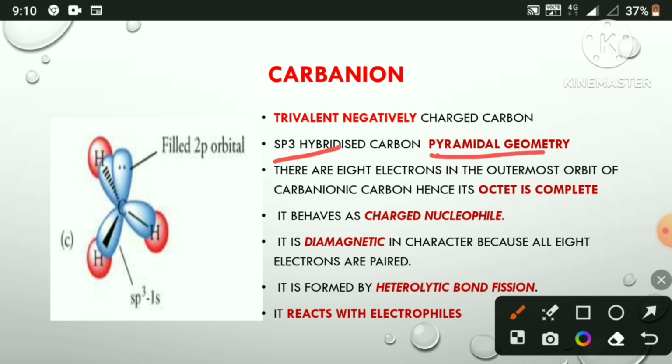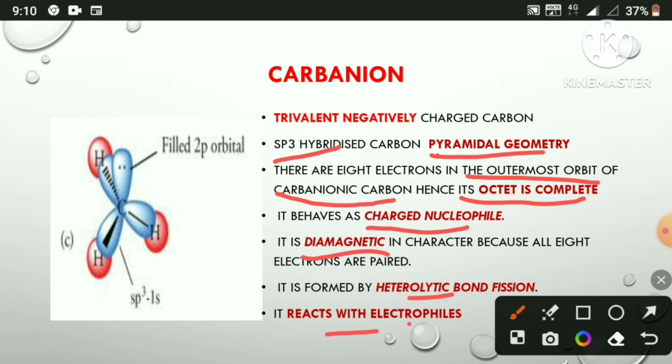So there are 8 electrons in the outermost orbit of the carbanionic carbon. Hence, its octet is complete. It behaves as a charged nucleophile, and all the 8 electrons are paired. It acts as a diamagnetic species. It is formed by heterolytic bond fission, like carbocation.